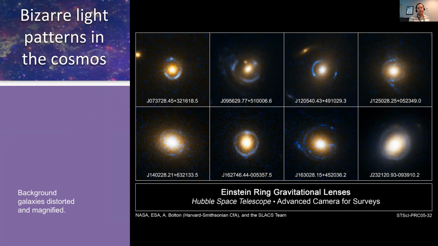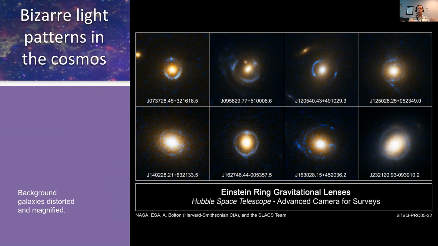Well, here's some examples here. In these snapshots, you actually have galaxies curving space-time. And that's what the really bright region is in the center. It's this foreground galaxy. And what you have are background galaxies. Behind that foreground bright whitish galaxy, you have these bluish background galaxies, and the light from those galaxies on its way to us is following the curved space-time.